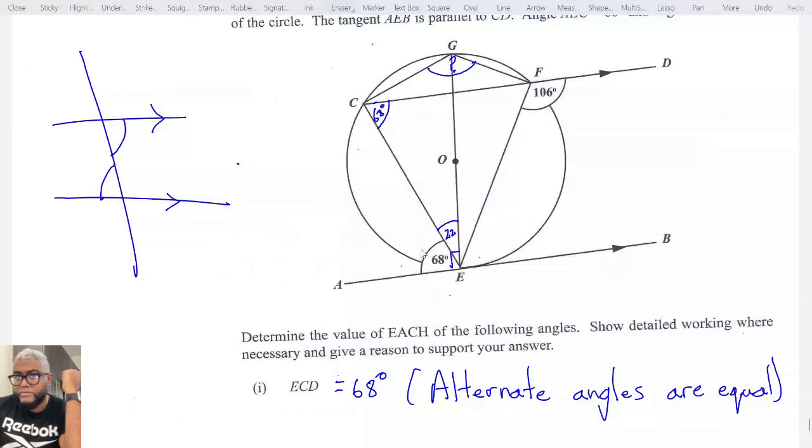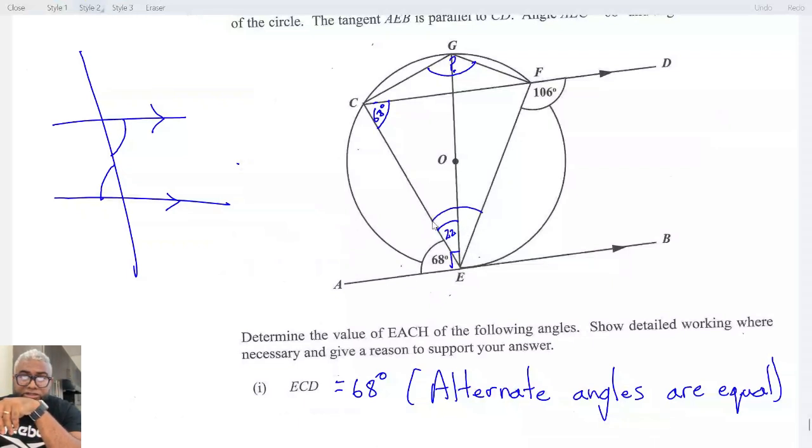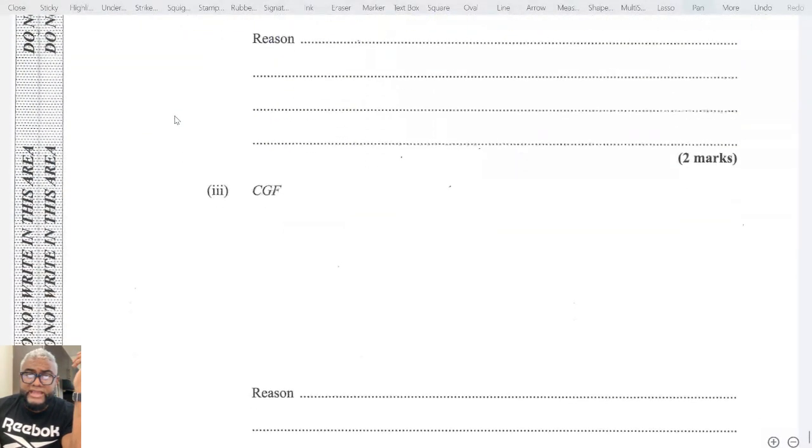So that would be AEF. A, E, F. I'm going to find this angle here. Oh, yeah, I need to put that first. AEF is equal to 106. You're very correct. So AEF is equal to 106 degrees.